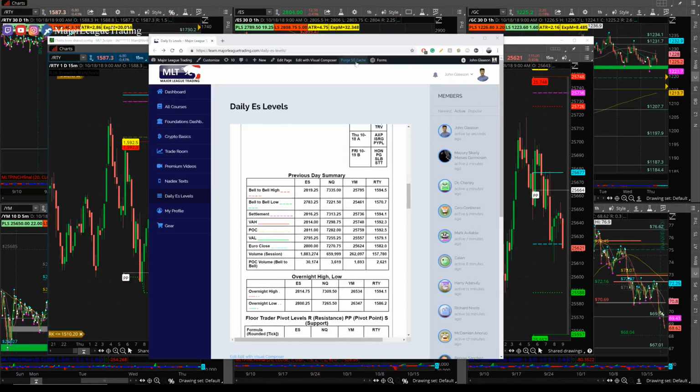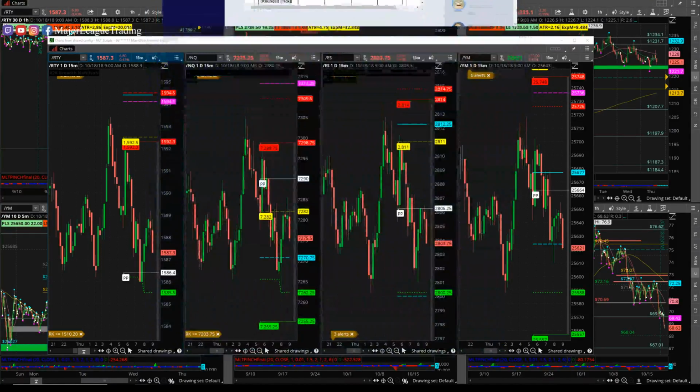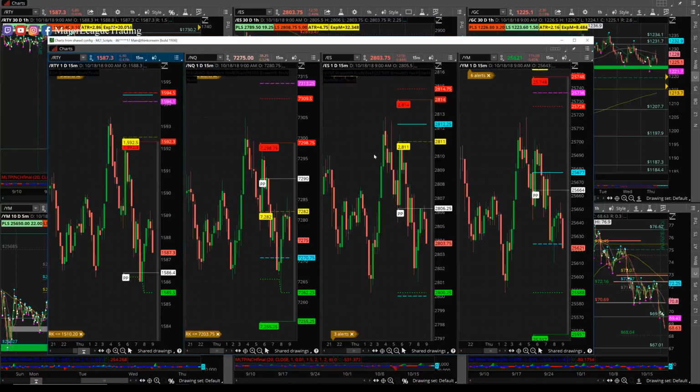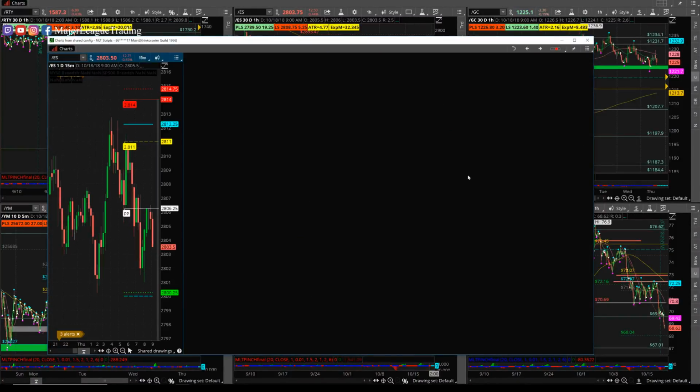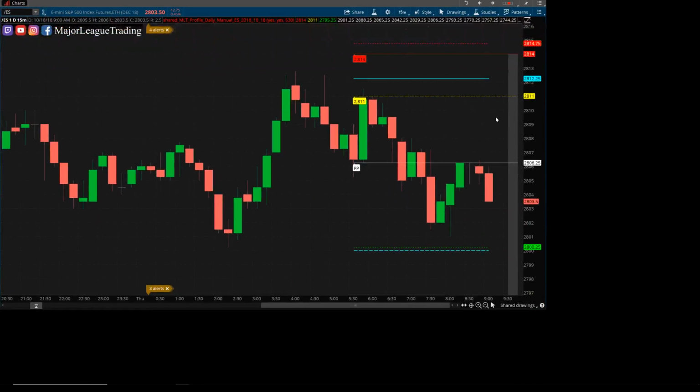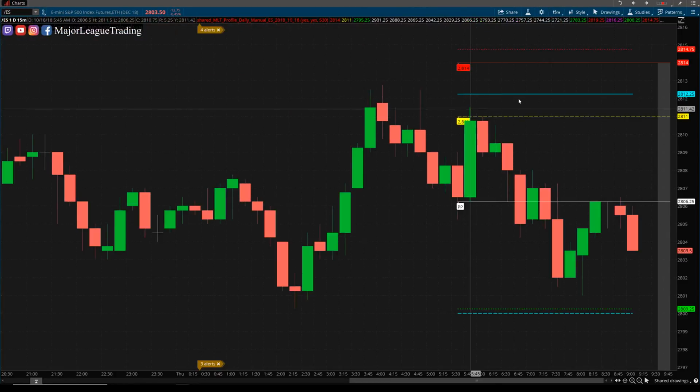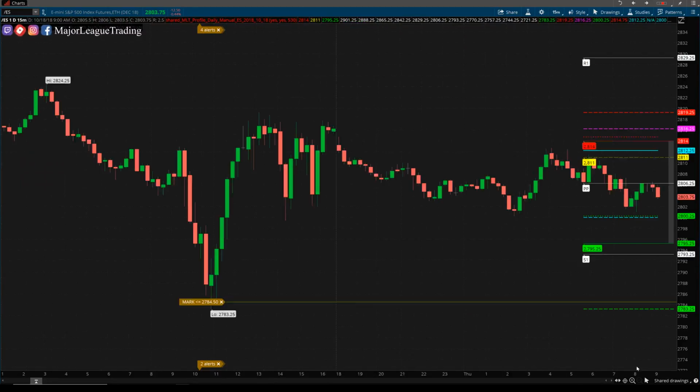For our previous day's summary in the S&P 500, let's take a look at this. The bell-to-bell high, 2819.25, with the bell-to-bell low all the way down at 2783.25.